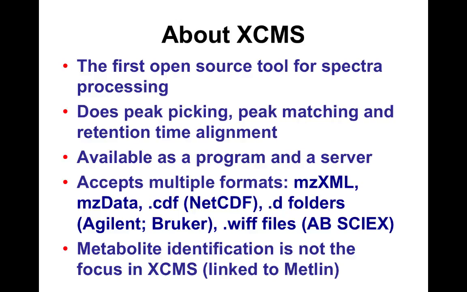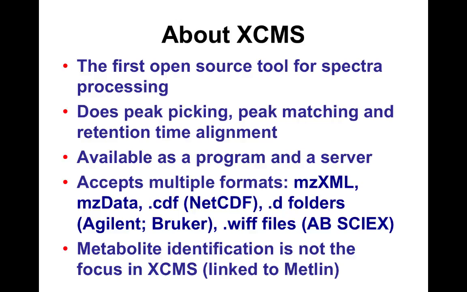It's also one of the original ones for spectral processing. It does the deconvolution, similar to AMDIS, similar to Basel, similar to GC AutoFit. It does peak picking, peak matching, but also does an extra thing, which is retention time alignment. That was one of the things I mentioned last time, about how you've got this collection of many spectra, and you have to try and match them, given that sometimes the column is fast, sometimes it's slow.